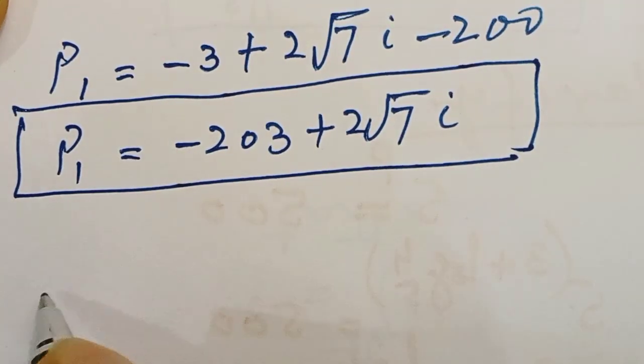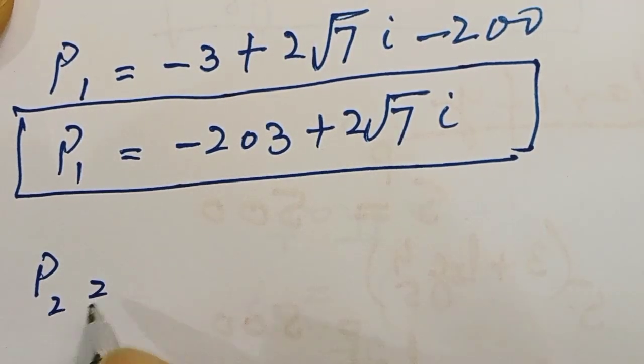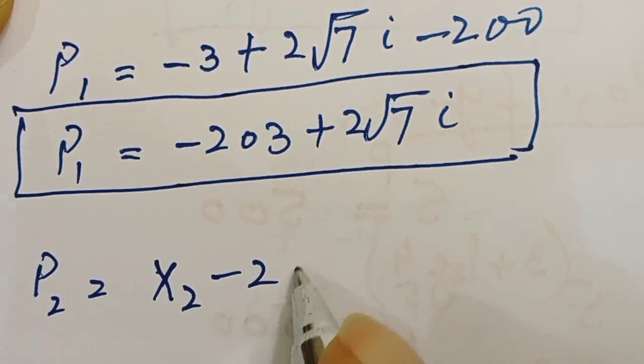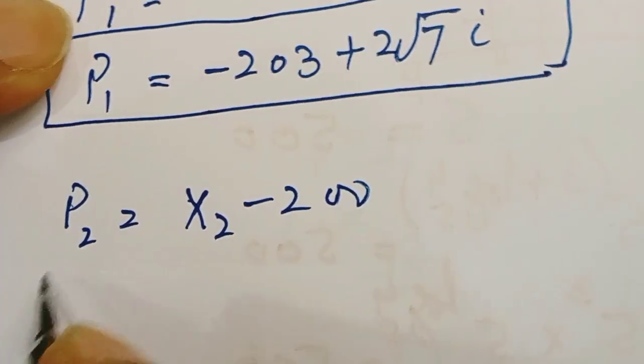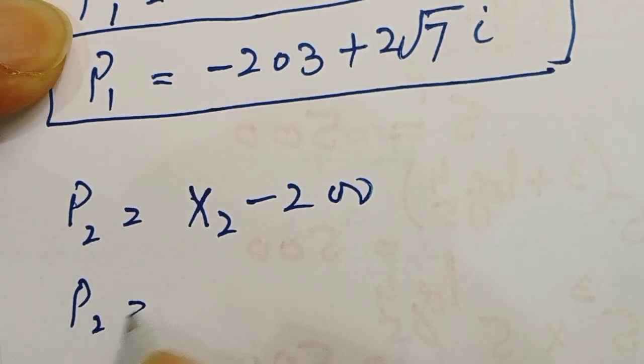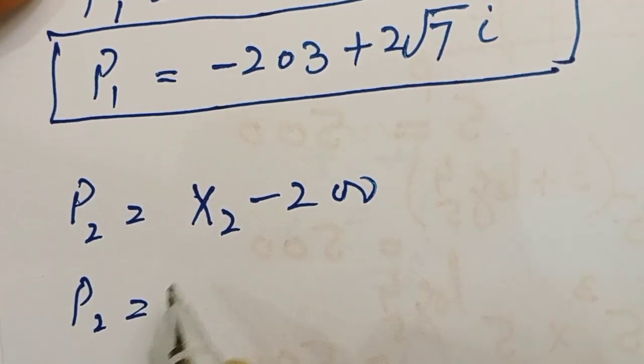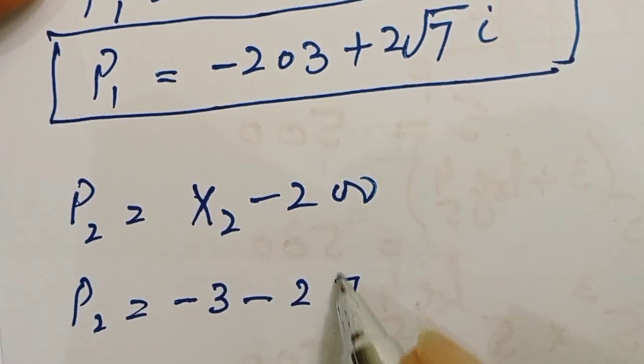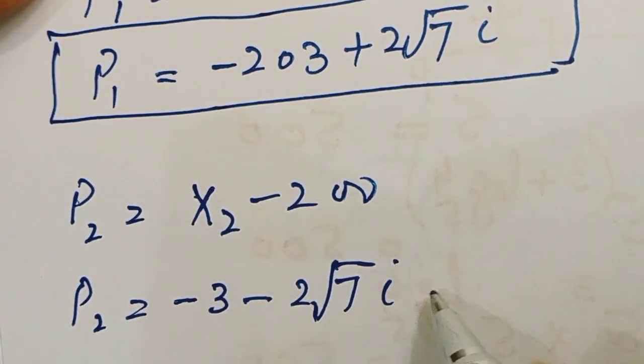and p2 is equal to x2 minus 200. So p2 is equal to, putting the value of x2, minus 3 minus 2 square root of 7 iota minus 200.